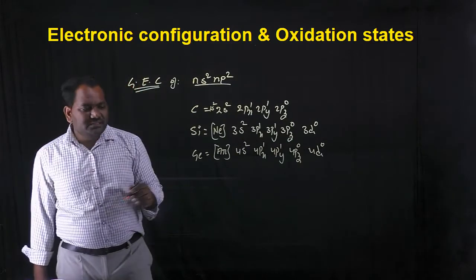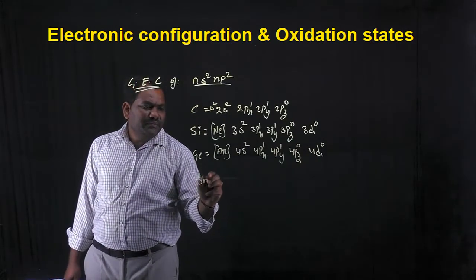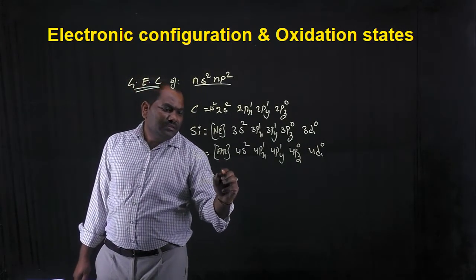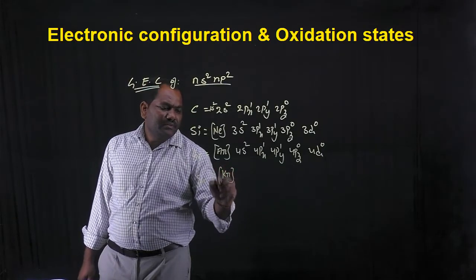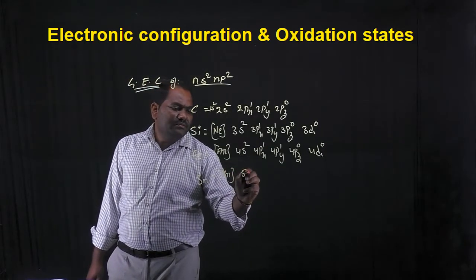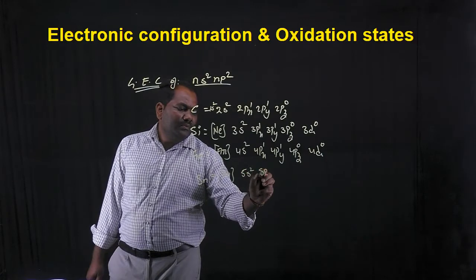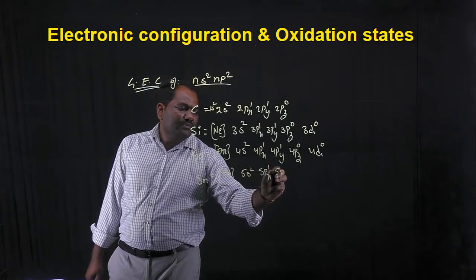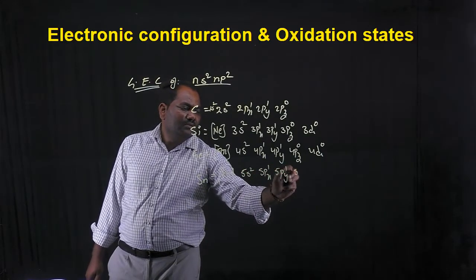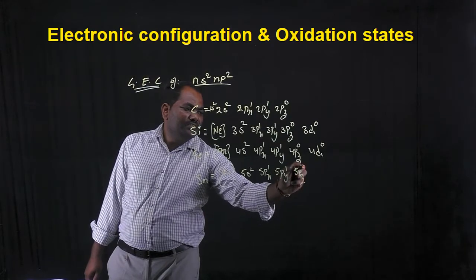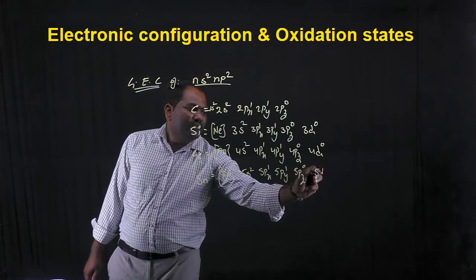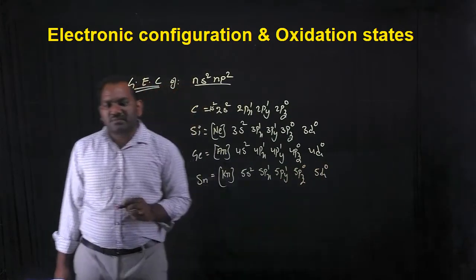And next one is tin: krypton 5s2, 5px1, 5py1, 5pz0 and 5d0.